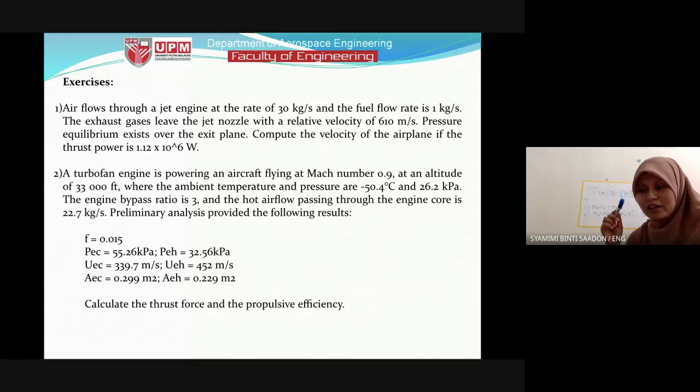In order to change from Newton force to power, we have to multiply with the velocity of the air. Thrust force multiplied with velocity gives thrust power. Here the question asks you to calculate the velocity. Since you know the thrust power, you just take the thrust force equation, multiply with velocity, and search for that velocity.